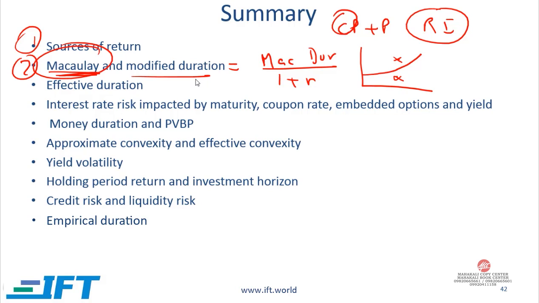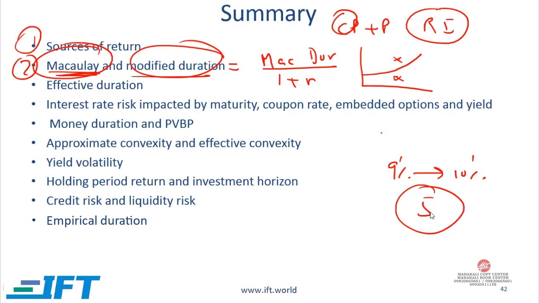The interpretation of modified duration is that a 1% change in yield, let's say yield goes from 9% to 10%, so the yield increases by 1%. If modified duration is 5, then there will be a 5% change in the value of the bond.